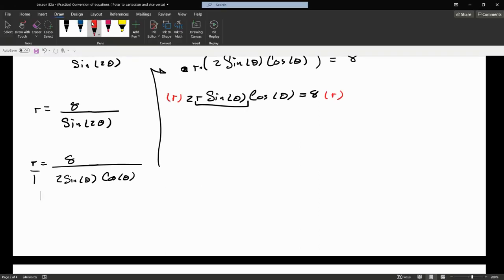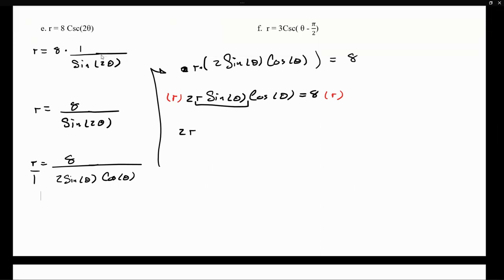And by multiplying r to both sides, now I have 2r sine times r cosine. Even though this r is multiplying the whole expression, inside this expression everything was multiplied, so I can put the r wherever I wanted. I could have put it in front of the 2 or the sine, but I wanted to put it in front of the cosine. So I do have the expression that is needed.